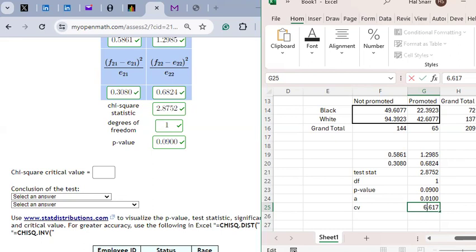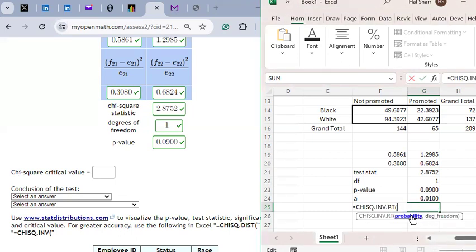Instead of using the value from statdistributions.com, I'm going to type equal chi square. Now, .dist.rt feeds in a number from the number line, which was a test statistic. Instead of using .dist, I'm going to use .inv.rt, because it's a right-tailed test.